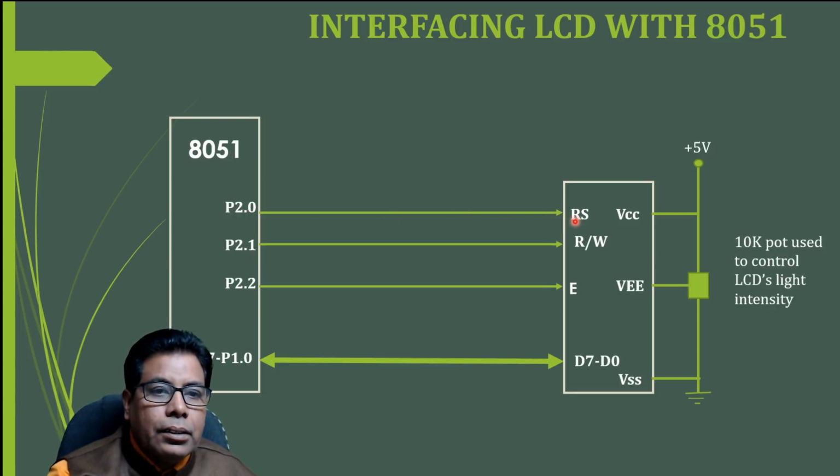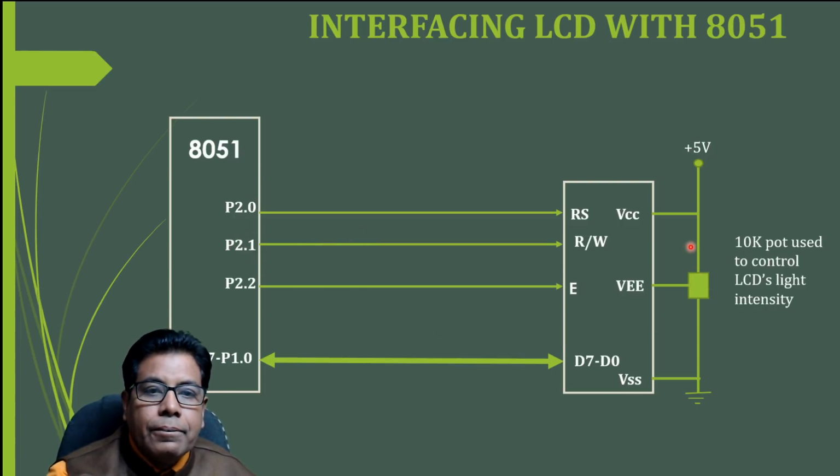Then RW, again an input pin, will be connected to P2.1, and the enable pin is connected to P2.2. So these are the 3 pins which are connected to 8051, and these 8 pins are connected to port 1. 3 pins are connected to port 2.